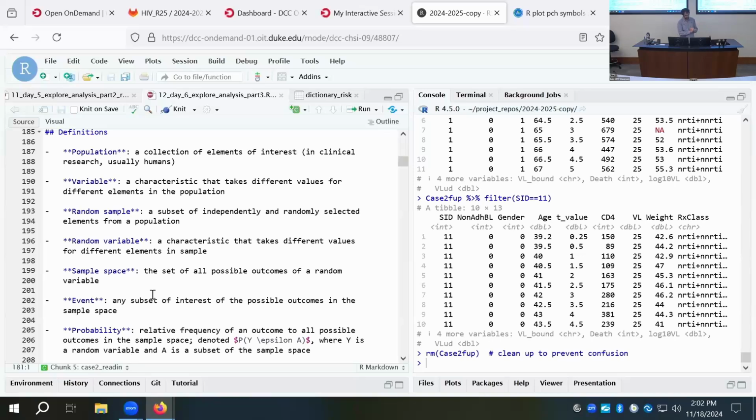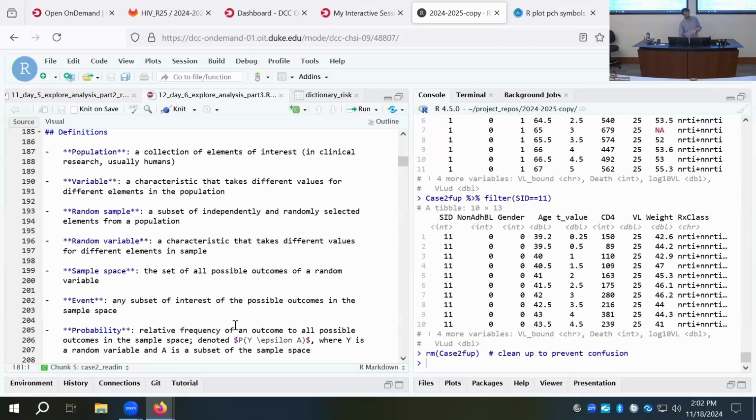So an event is some subset of interest of the possible outcomes in the sample space. That could be, say, a death or a BMI above a certain cutoff. And the probability is the relative frequency of an outcome to all possible outcomes in the sample space.